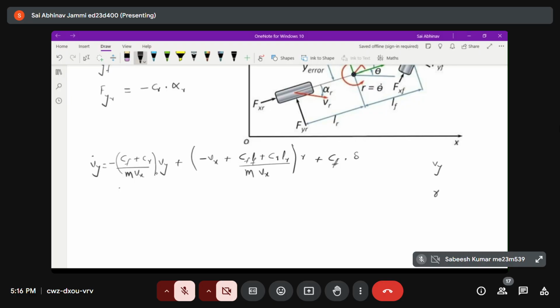What I did is I just moved those terms here to make it look like the state space form.